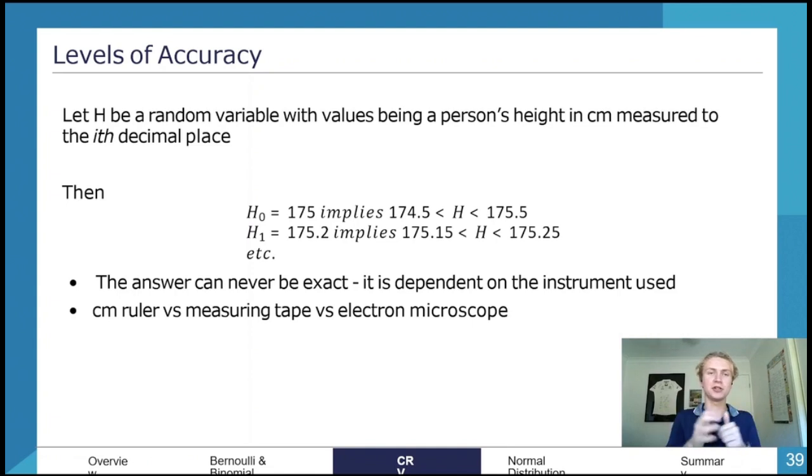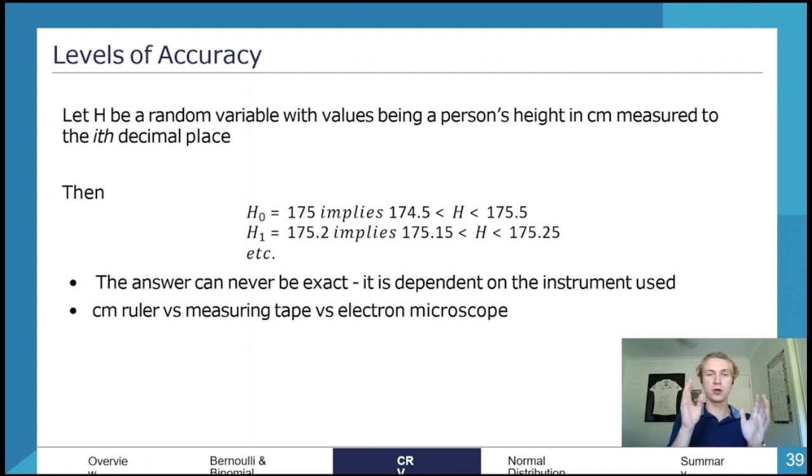It's actually a range of probability, and it's equal to half of the most accurate measurement. If I'm measuring in centimeters, that's half a centimeter either side. Conversely, with millimeters, it would be 0.5 millimeters, for example.